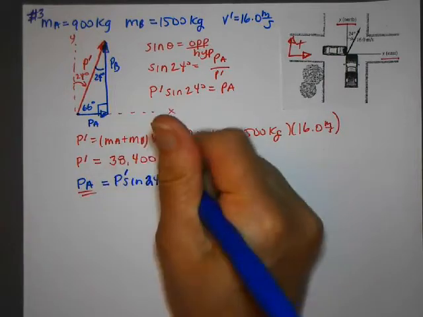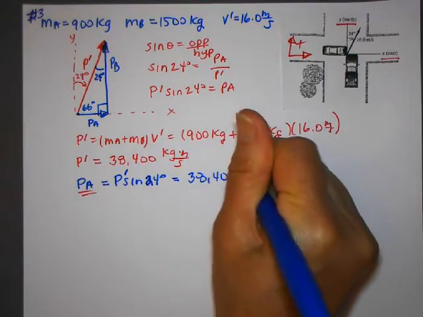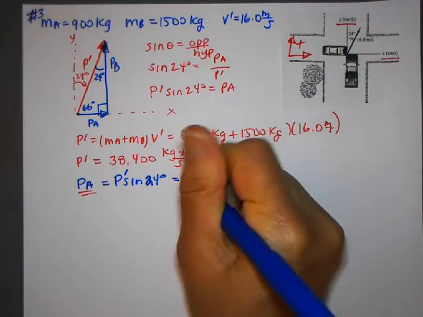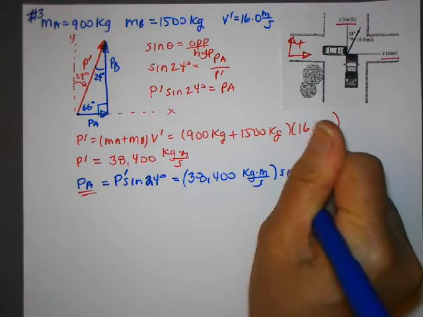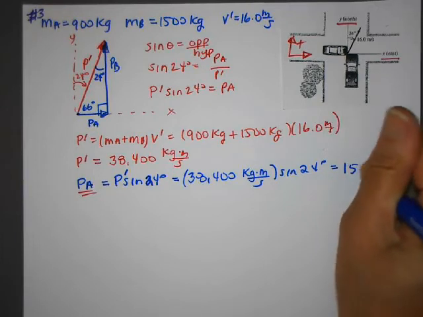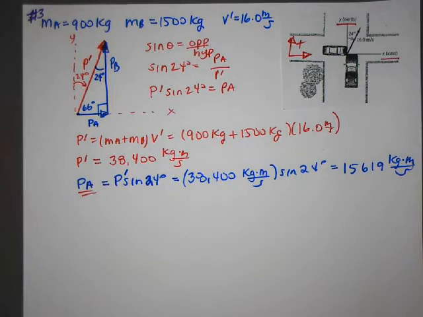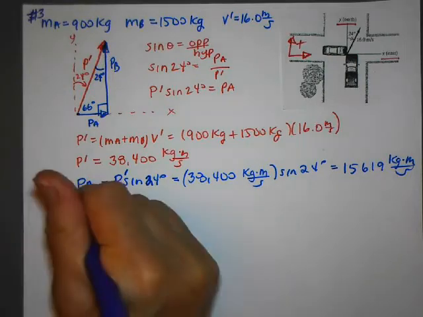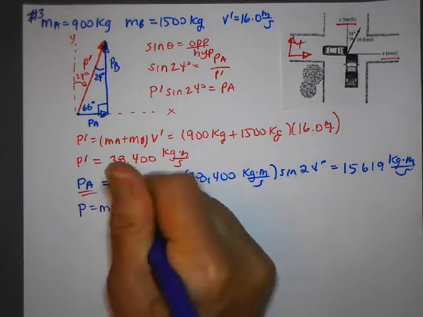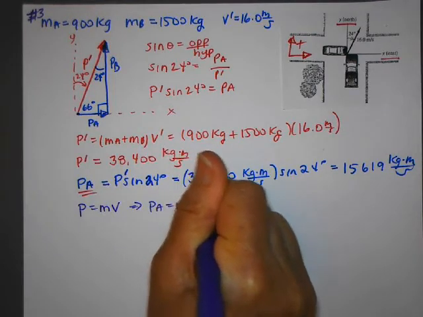So when I do that, I'm going to get 38,400 kilogram meters per second times the sine of 24 degrees, and this comes out to be 15,619 kilogram meters per second. Now, if I wanted to find the velocity, I would just use the definition of momentum and say P is equal to mv. Therefore, PA is MA times VA.